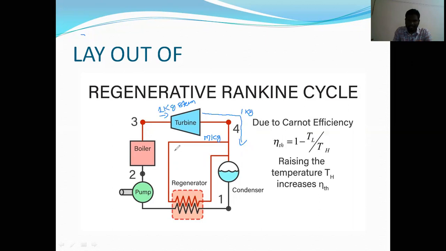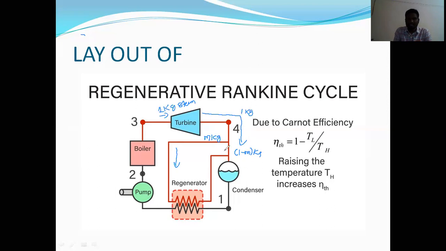After m kg of steam from 1 kg has gone to the regenerator, the remaining 1 minus m kg of steam in the turbine will continue expanding and go to the condenser.